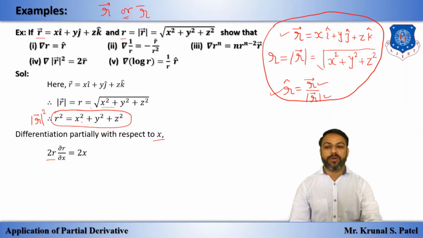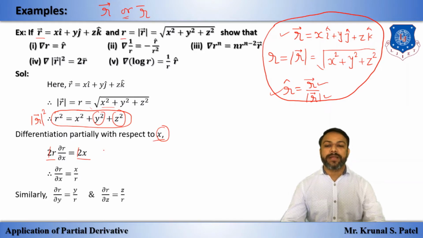Differentiation of the right hand side is 2x only, because we are differentiating partially with respect to x, so y and z are constant and differentiation of a constant is 0. By cancelling 2, we have del r by del x is equal to x by r. Similarly, we have del r by del y is equal to y by r and del r by del z is equal to z by r.